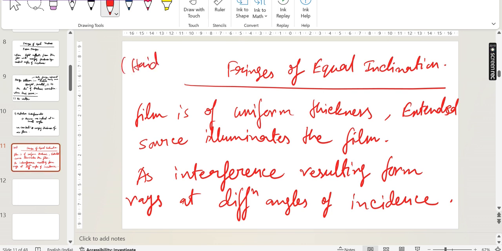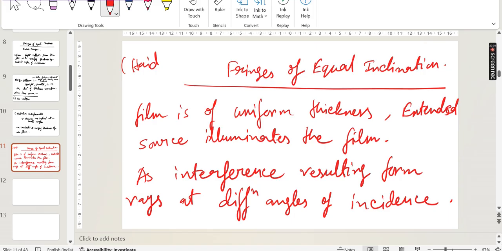So fringes of equal inclination means each dark fringe or bright fringe represents where the inclination is the same, but consecutive dark or bright fringes don't have the same inclination. All over the layer, the thin film is uniform.